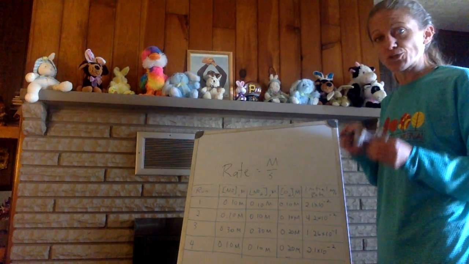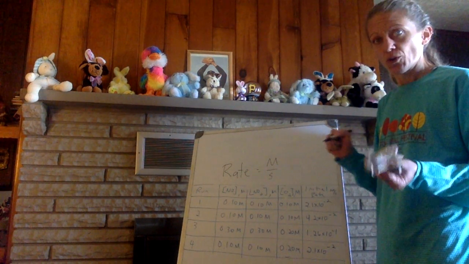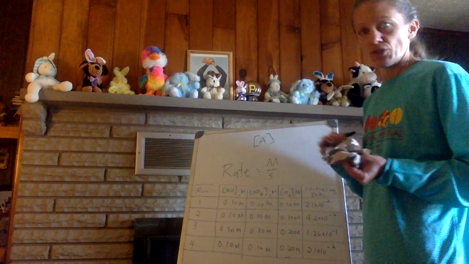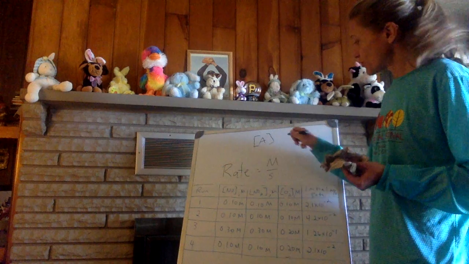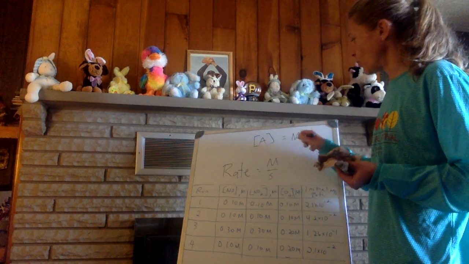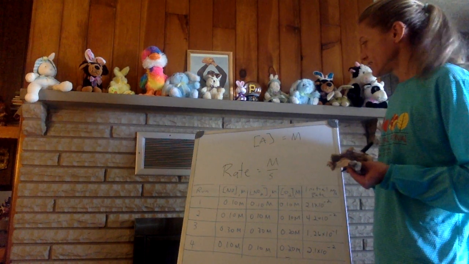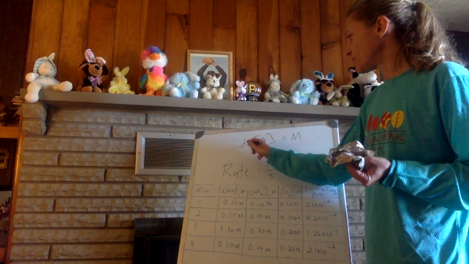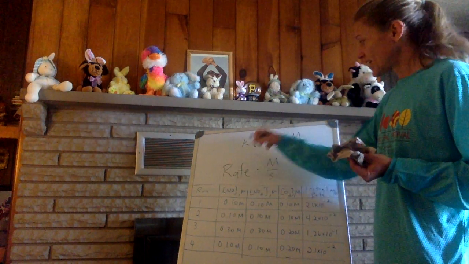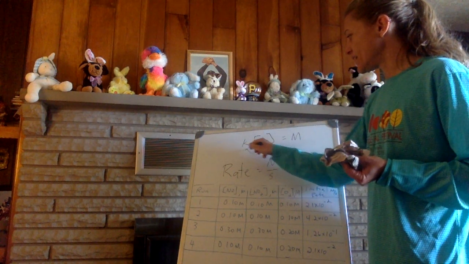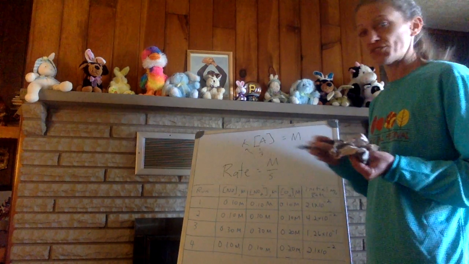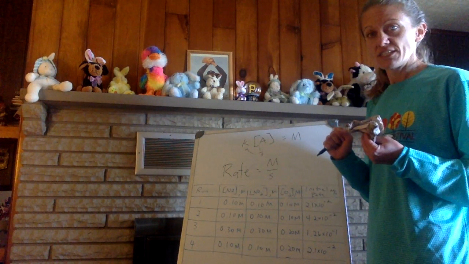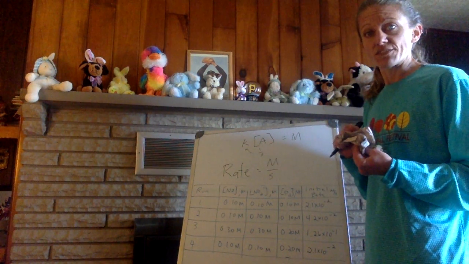So for a first order reaction, all I'll have is A to the first. So that would just give me regular old molarity. If my rate is going to be K times that, K would need to be in 1 over seconds, because molarity times 1 over second gives me molarity over seconds.